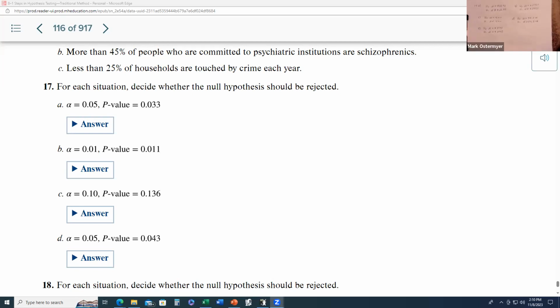Exactly. So more specifically, what you want to remember is this. If you compare your p-value with your level of significance alpha, that will enable you to make a decision whether you can or cannot reject your null hypothesis. Just remember, if your level of significance alpha is greater than your p-value, we always reject the null hypothesis. Reject the null.